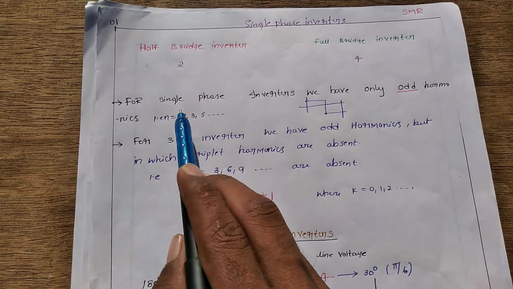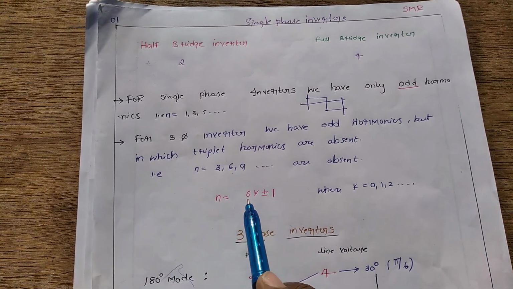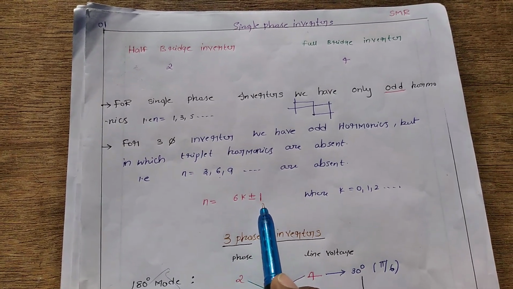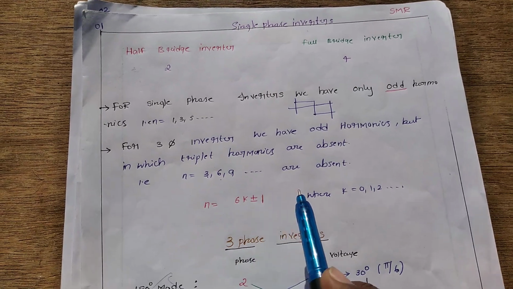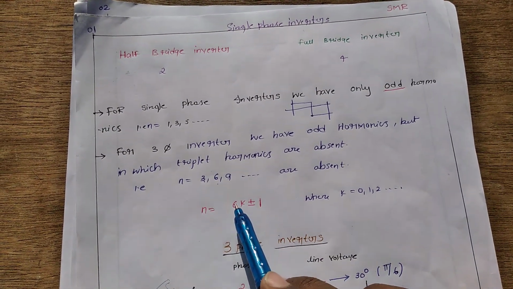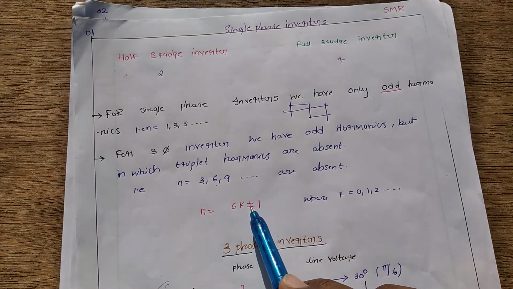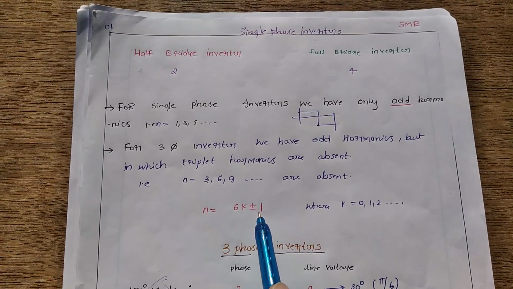That means for single phase you will get n is equal to 1, 3, 5, but for three phase you will get only 6k plus or minus 1 harmonics, where k is 0, 1, 2, 3. If you take k is equal to 0, you will get plus or minus 1, that means the first harmonic.